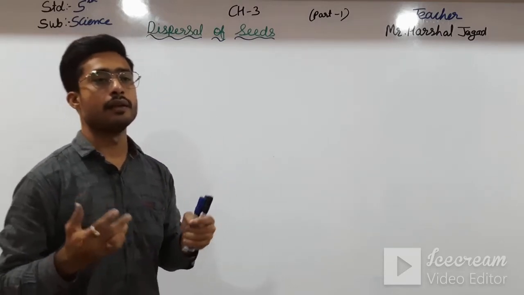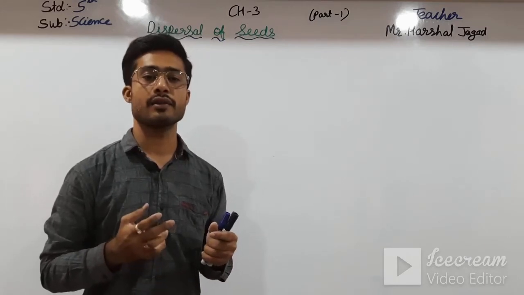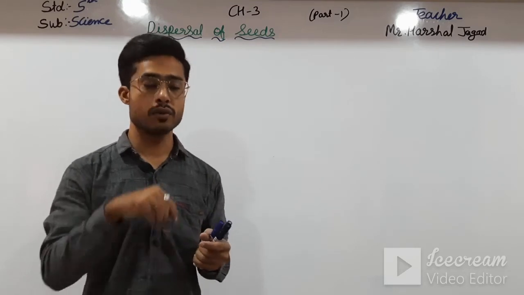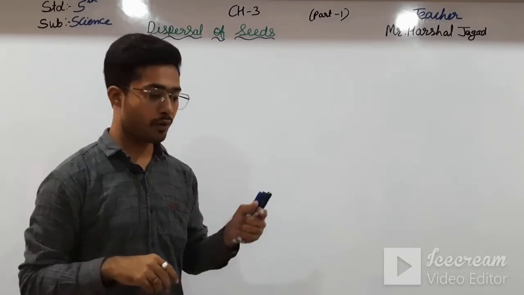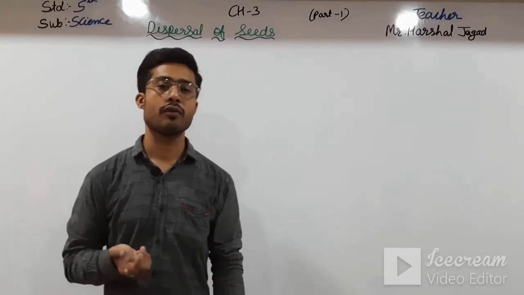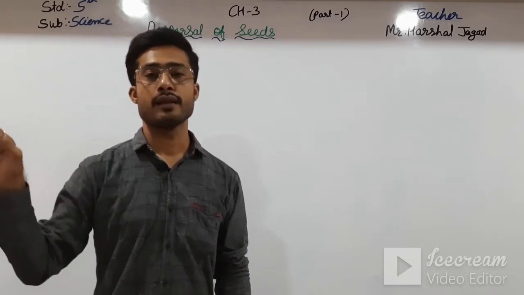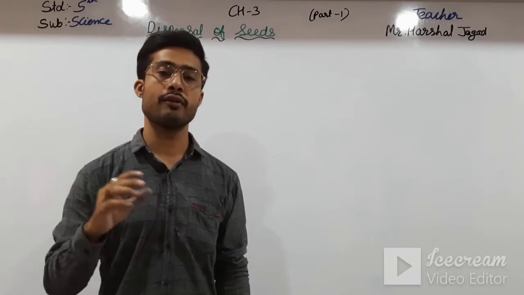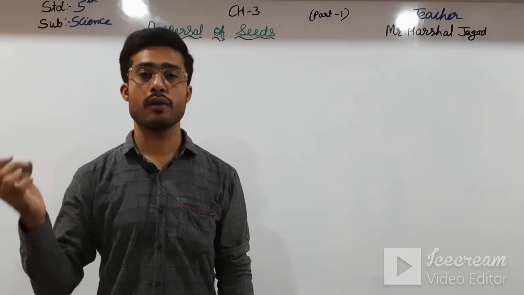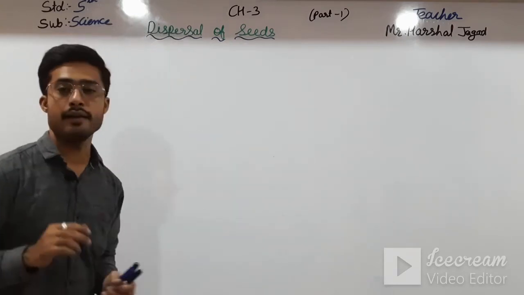Okay students, the reproduction of plants occurs by some methods, and one method is through seeds. If I want to grow a plant or tree here in the ground, we have to cultivate a seed, so that after giving water, sunlight and all the things, the seed will grow into a huge tree. Okay students, this is what a seed is.